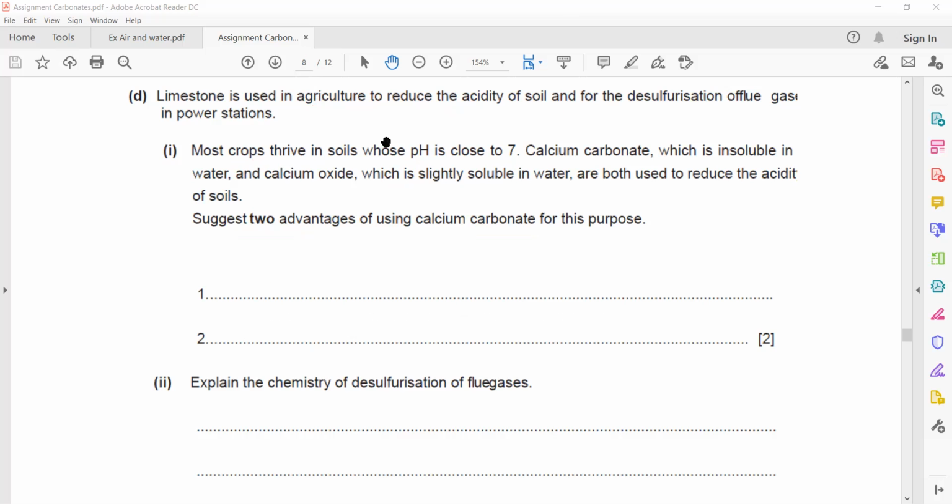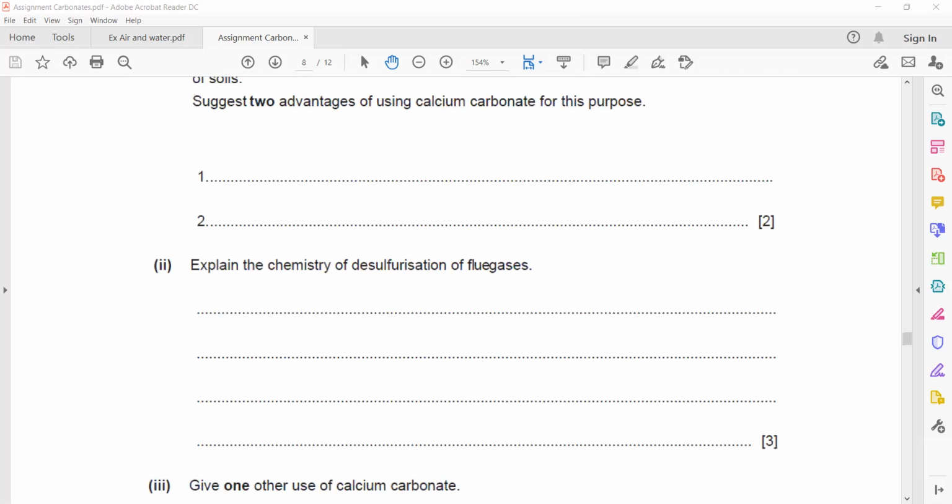Explain the chemistry of the desulphurization of the flue gases. It's 3 marks. Basically you have to explain how these gases are being removed. So what happens in desulphurization? The flue gases contain sulfur dioxide, which is acidic.